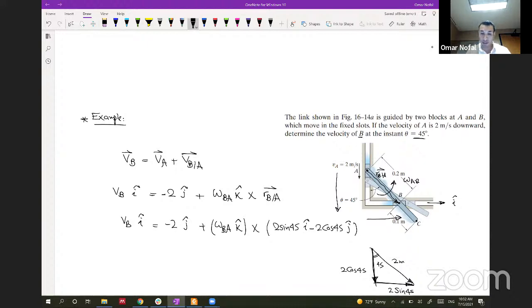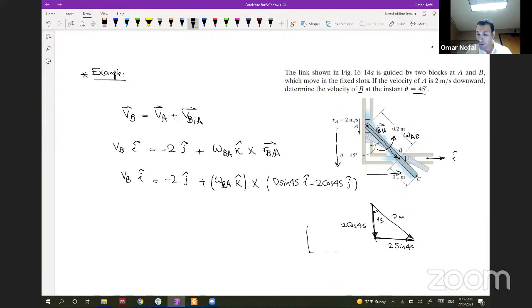If you want to do the cross product, I usually draw this so I don't make any mistakes. I have I, J, and K. As I go from K to I, it will give me J, from I to J, it will give me K, and from J to K, it will give me I. So let's have the equation here.